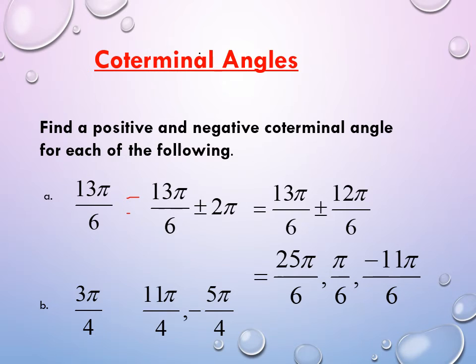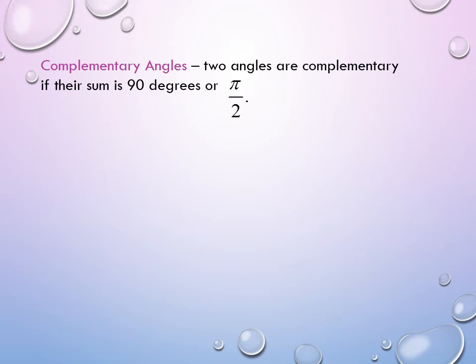So what happens here is that you would have 3 pi over 4 plus 8 pi over 4, and that's what gave you 11 pi over 4. And for the subtraction, you subtract 8 pi over 4. So when you subtract 3 minus 8, that gives us 5 pi over 4, but negative because the sign of the 8 pi is greater. So that's how we do it.